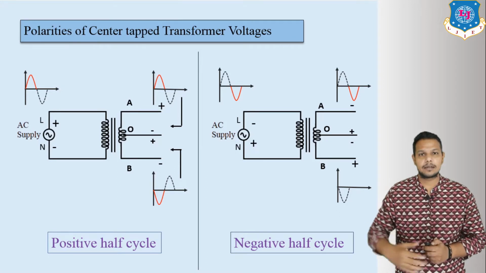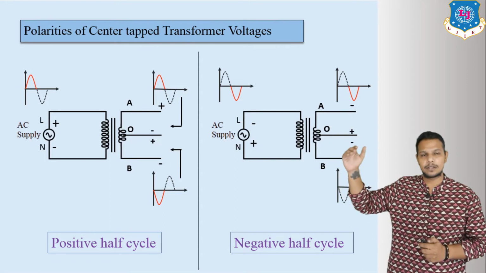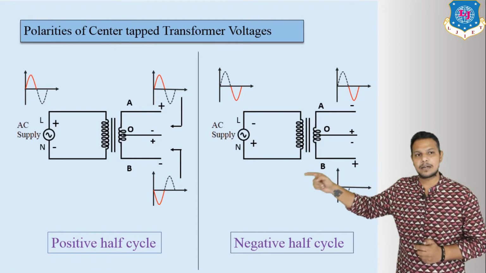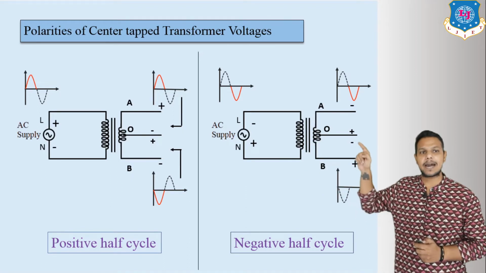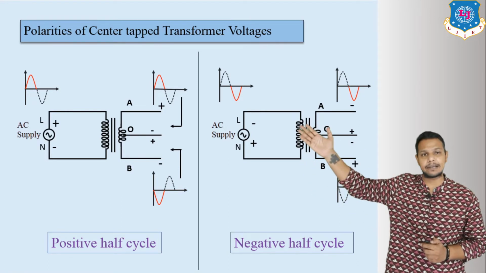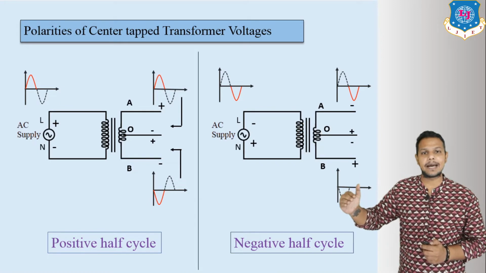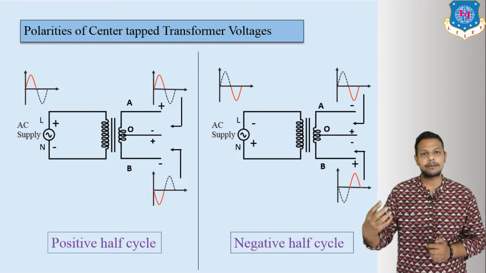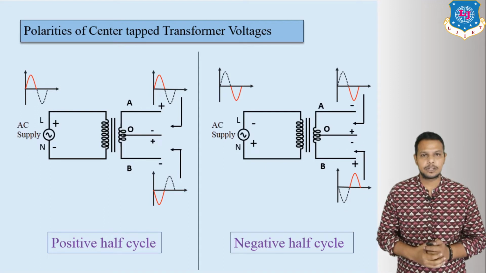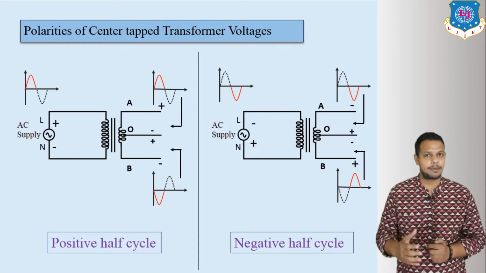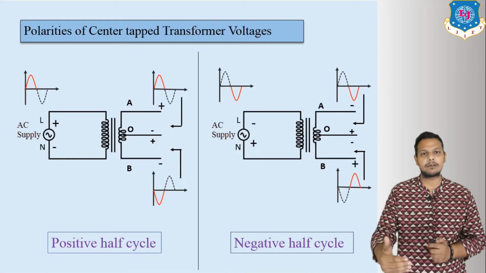Now for VBO, our input side polarities are minus and plus, but here they are plus and minus, so it is a 180 degree phase shift. That means if we enter the negative half cycle, we get a positive one here, because it is a 180 degree phase shift with the input. This is the basic concept of the polarities of center tapped transformer voltages. Remember this, we will apply it in our working principle.